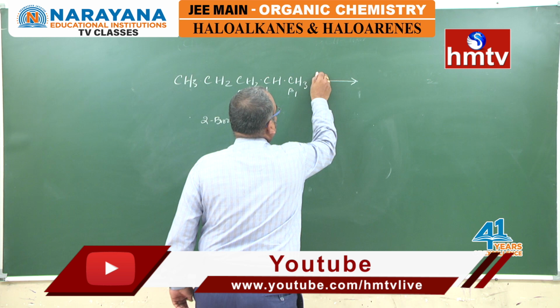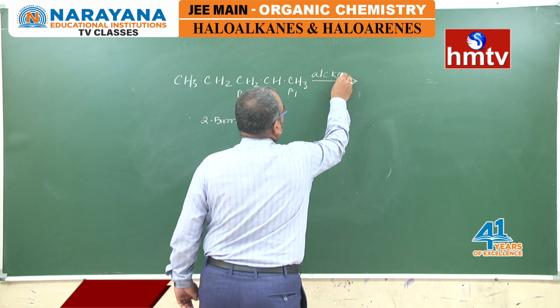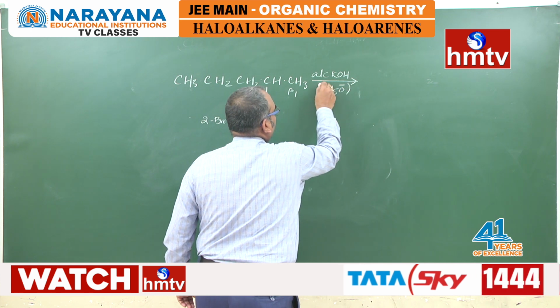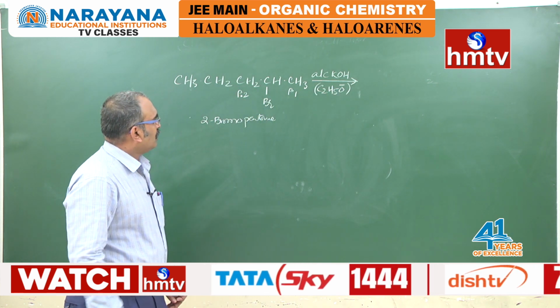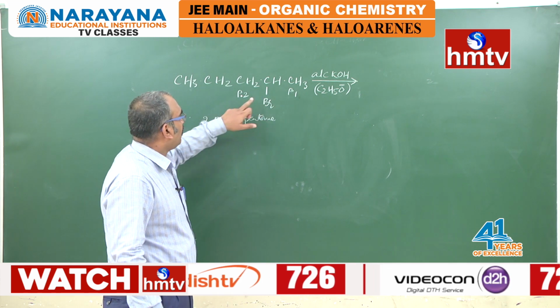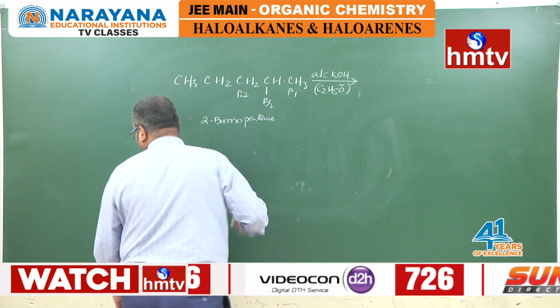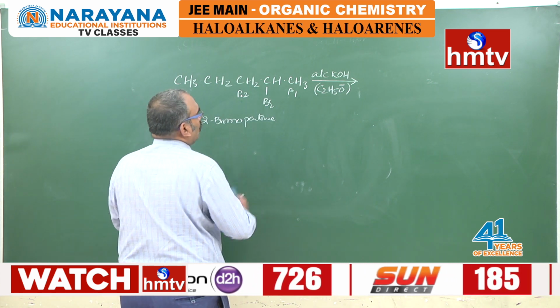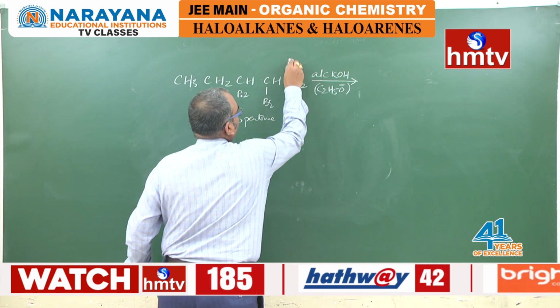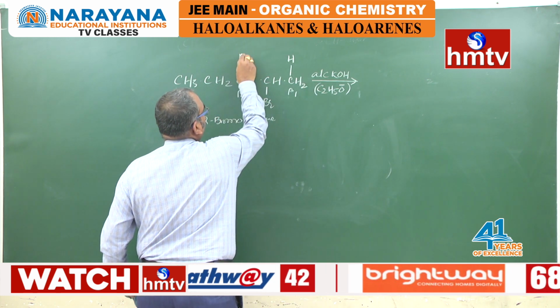When it is treated with alcoholic potassium hydroxide or a base, it provides C2H5O minus. Now it can consume either this proton from the beta 1 carbon or the beta 2 carbon. I will just show you those hydrogens separately for you. I will keep one hydrogen here. I will keep one hydrogen here.